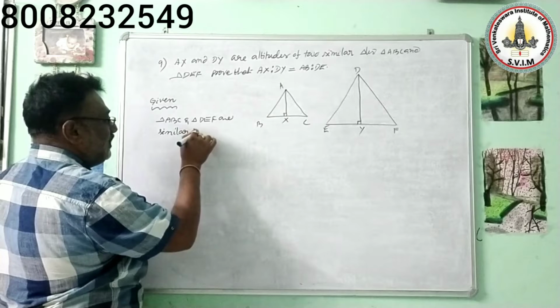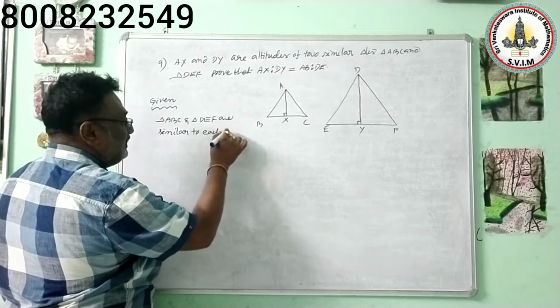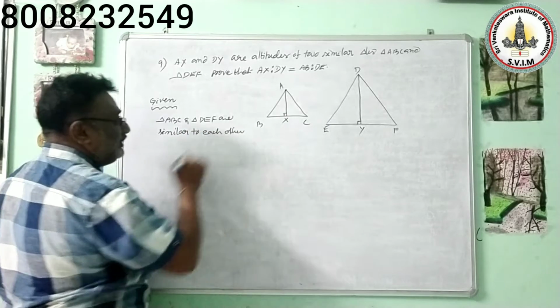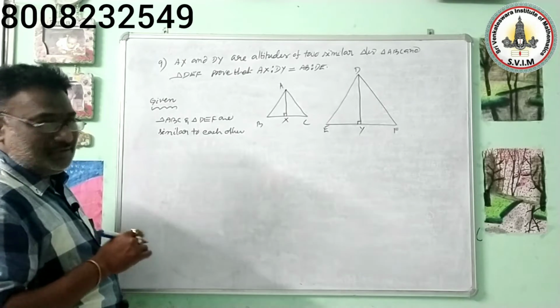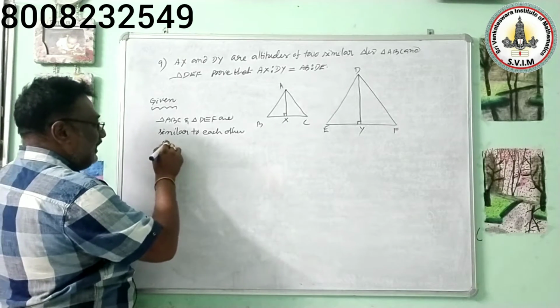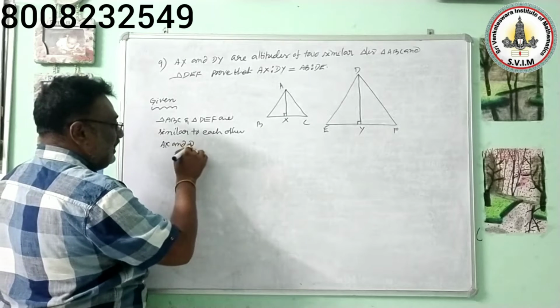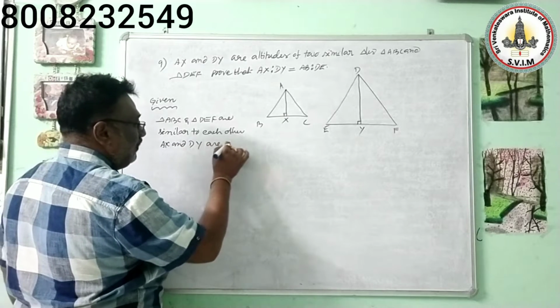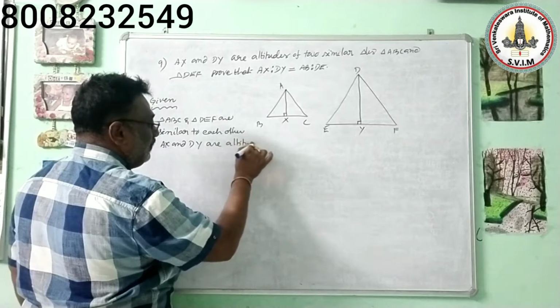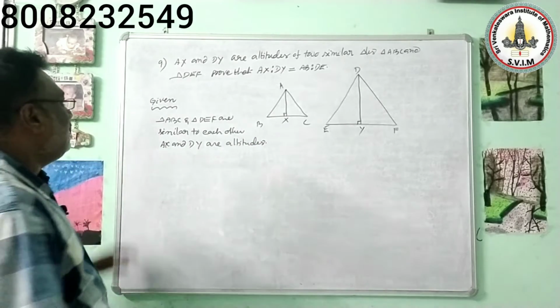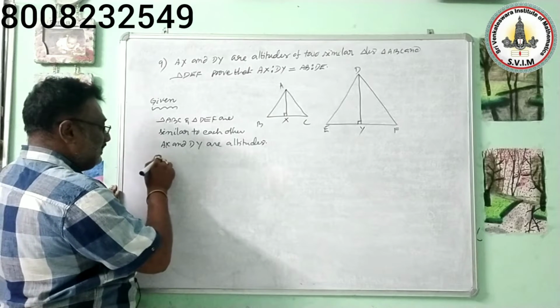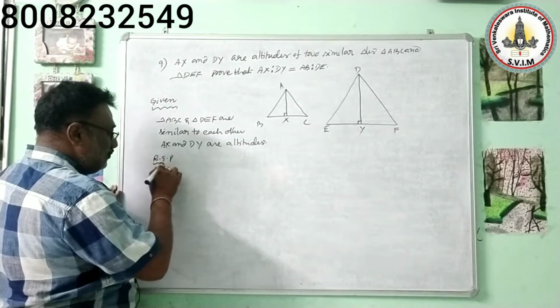After that, AX and DY are altitudes. That's all.